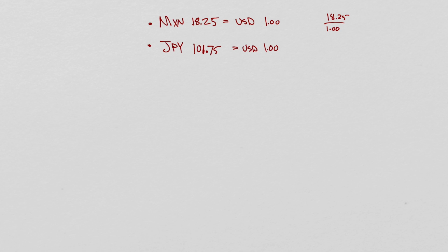Well, my question is, if you sold something in pesos, so you're a manufacturer, you sold something in pesos to a buyer in Mexico, but you are a Japanese manufacturer, what's the value of your proceeds in Mexican pesos in terms of Japanese yen?